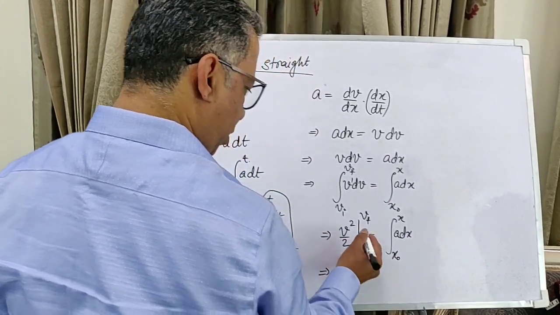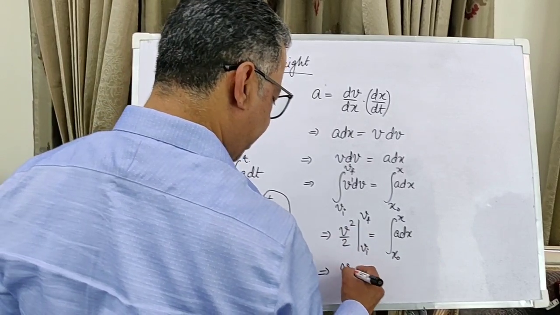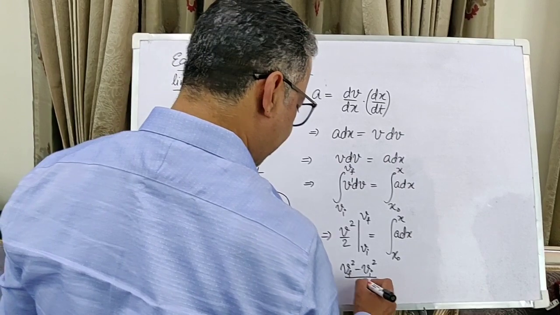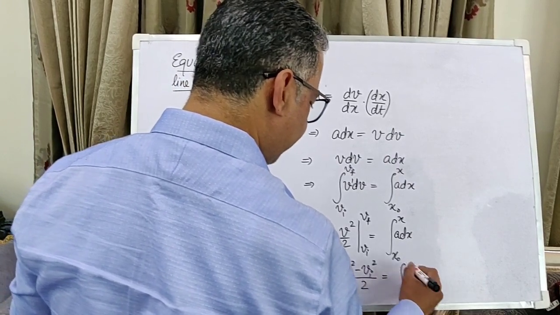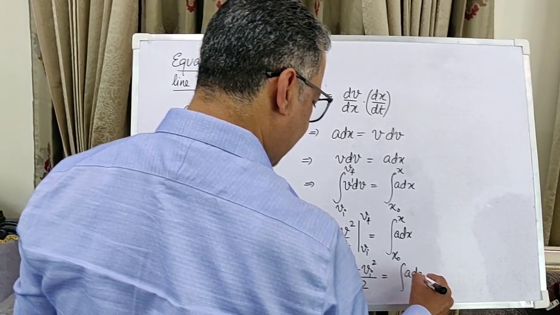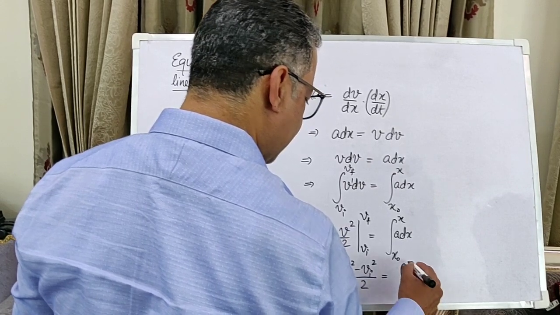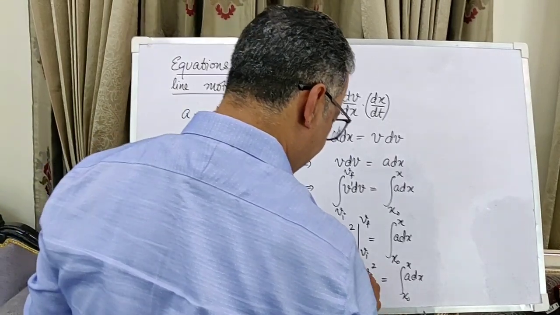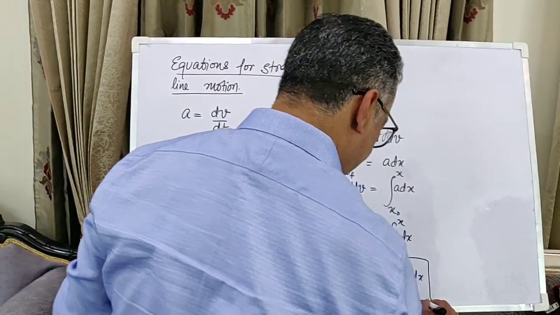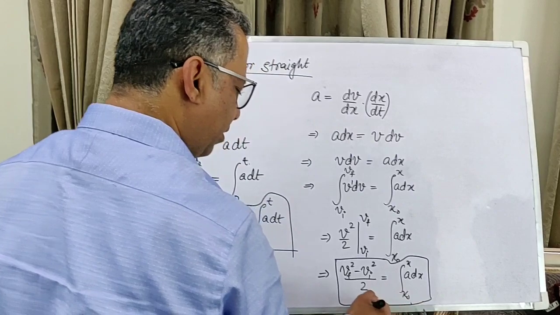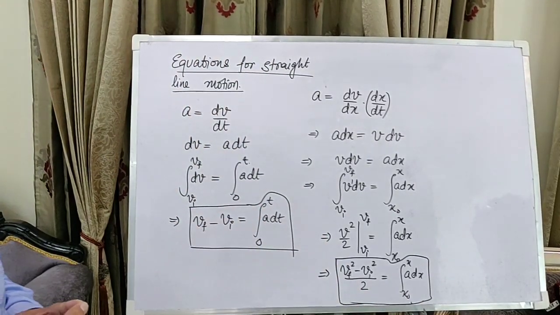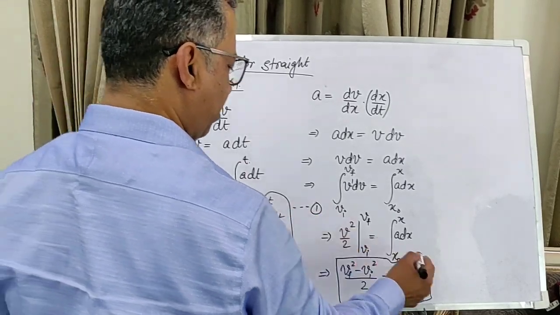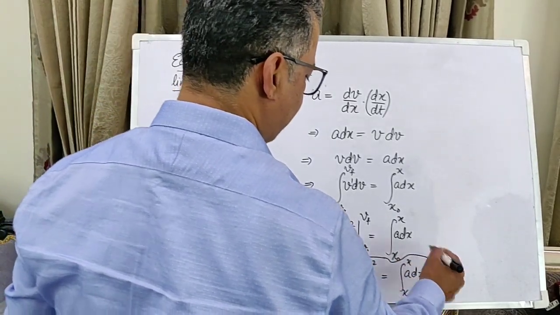So on the left hand side we have vf square minus vi square by 2, and on the right hand side we have the integral of a dx from x naught to x, and this becomes my second equation for straight line motion. So let's call this equation 1, let's call this equation 2.